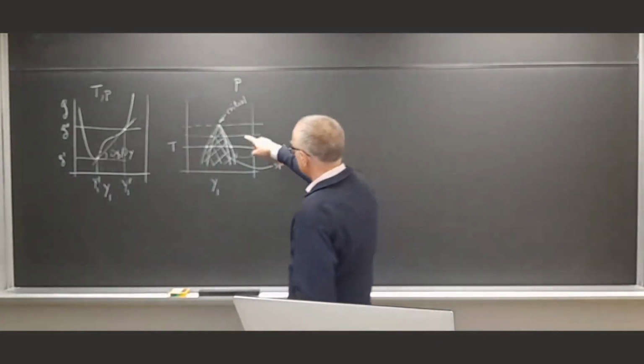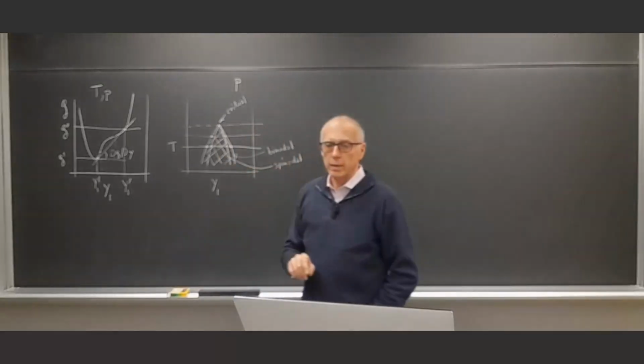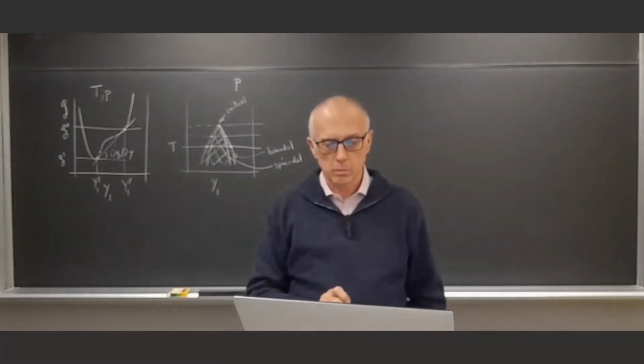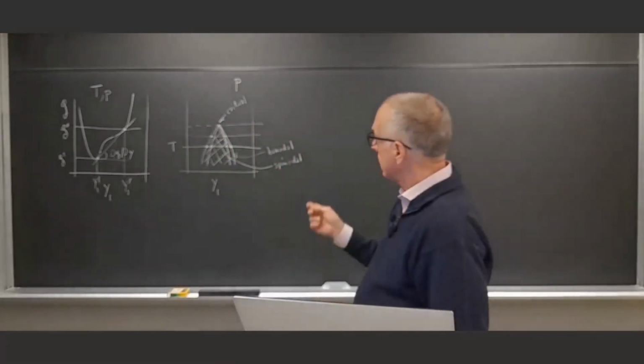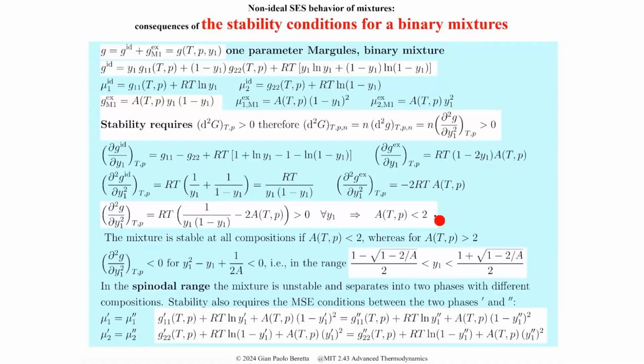The critical situation is when A is equal to 2. And if A is greater than 2, you can still satisfy this condition, but only in a certain range.